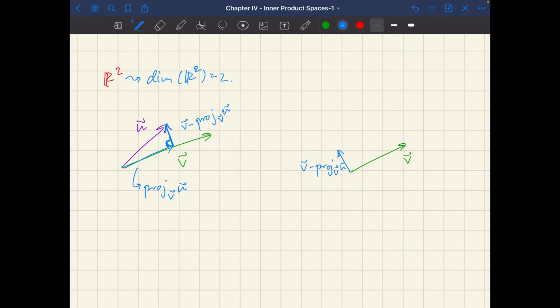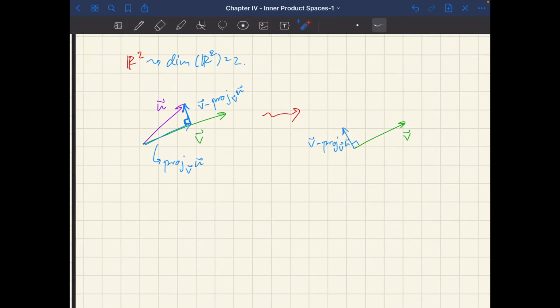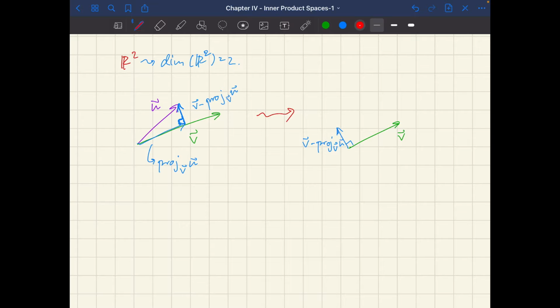This is the new basis for R2, and you can see that the blue one and the green one are orthogonal, right? This one is from R2.